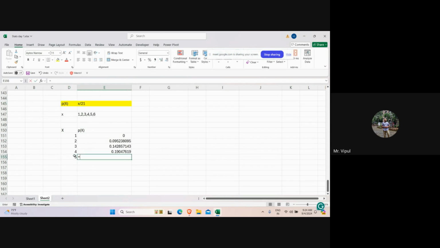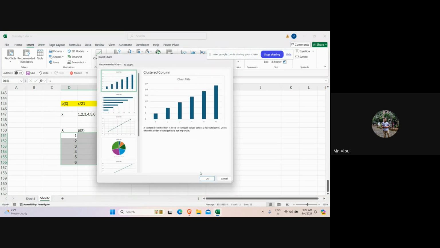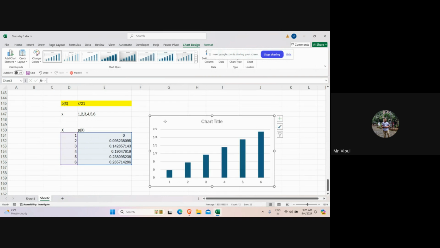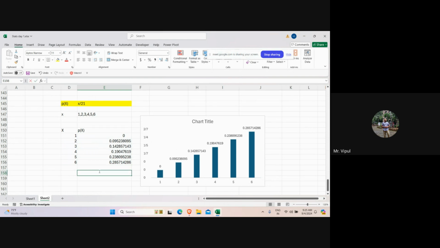So 5 is equal to 5/21 and 6 equals to 6/21, right? Now if you plot this, so it will be like this. Now if you add this sum, it will be 1. 1, right?